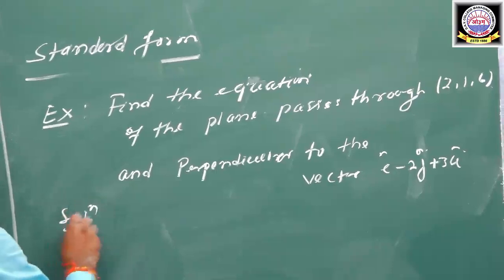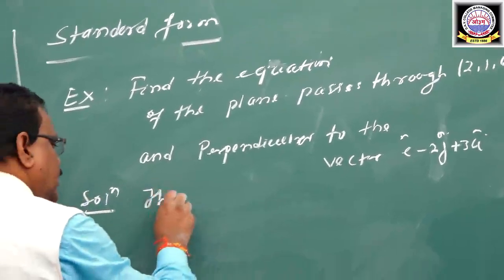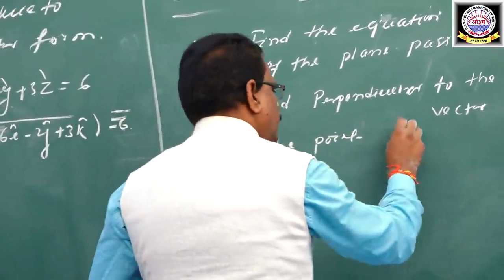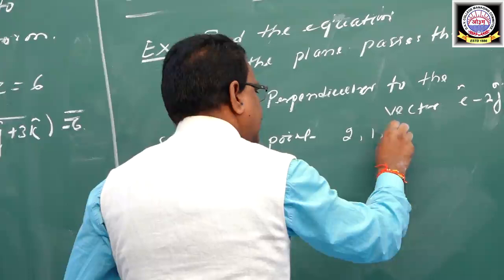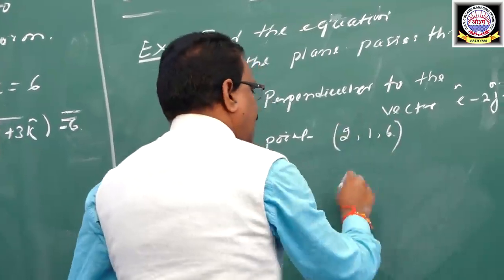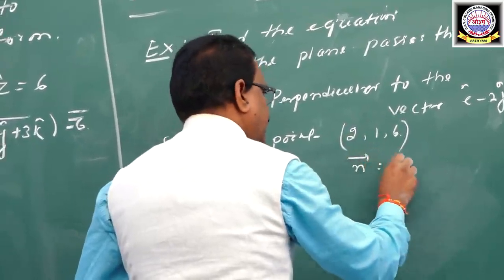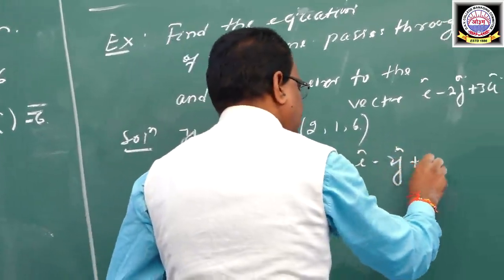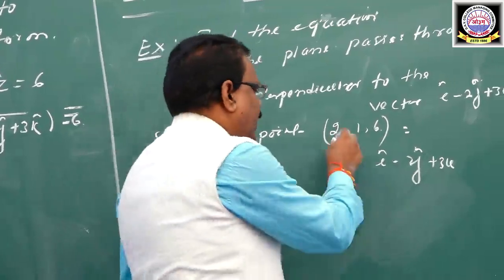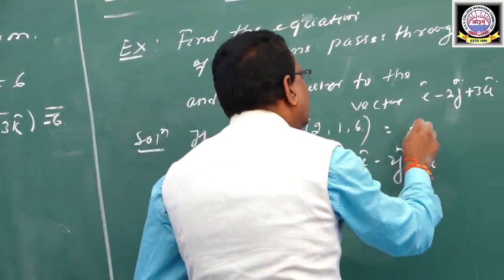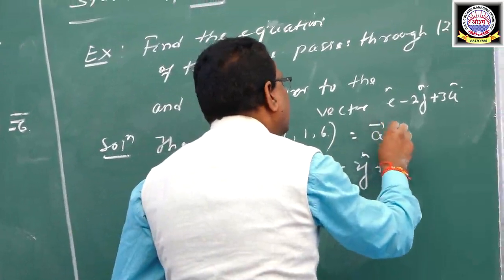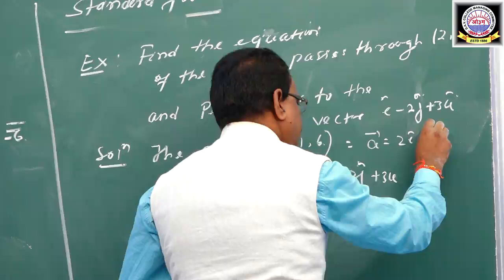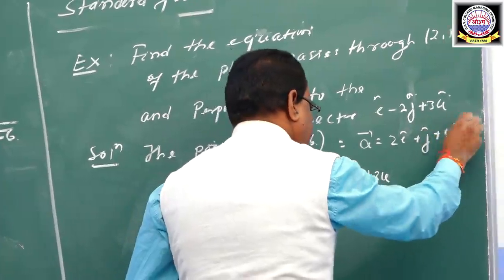So what is given to us? The coordinates of the point are given, that is (2, 1, 6), and the perpendicular vector is given, that is i minus 2j plus 3k. So if I convert to the position vector, a vector is equal to 2i plus j plus 6k.